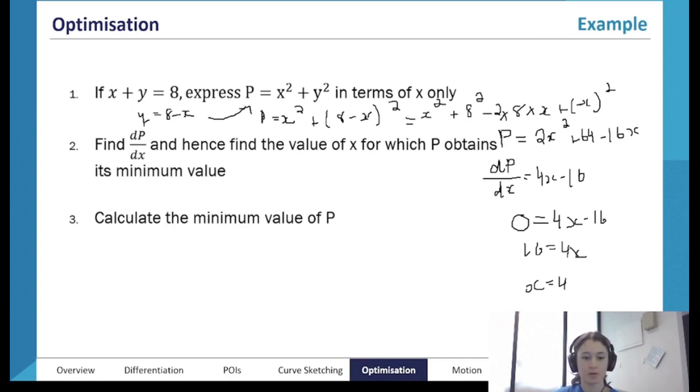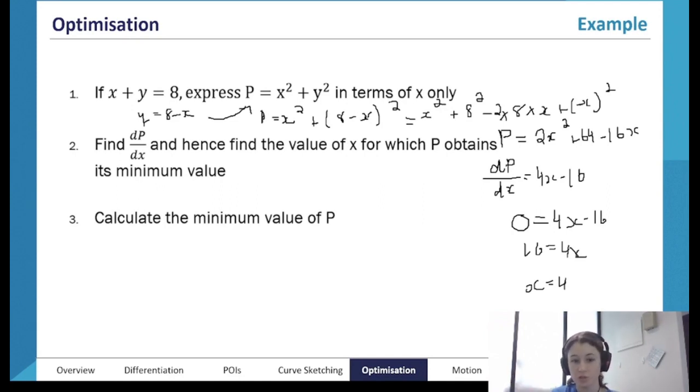Now, the question asked us to find when p obtains its minimum value, so we need to actually prove that this value is a minimum. And this is one more thing that you should be very, very wary of in optimization questions. Often you'll be asked to find a minimum or maximum value.